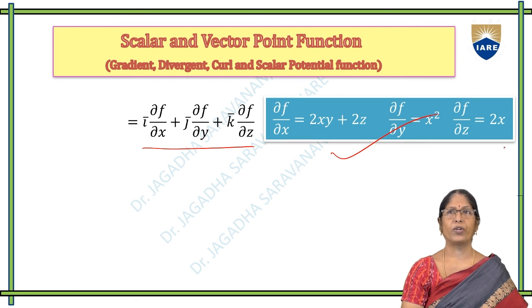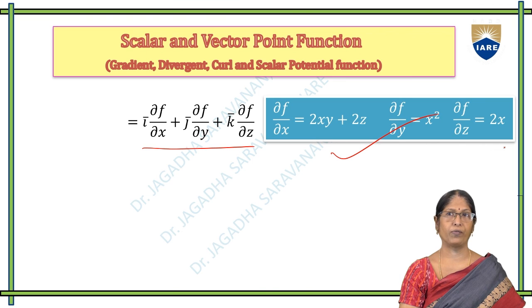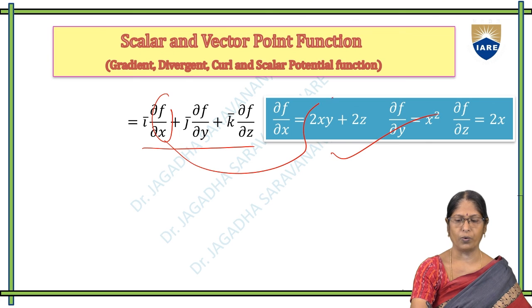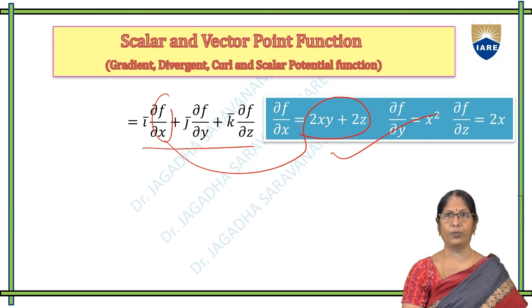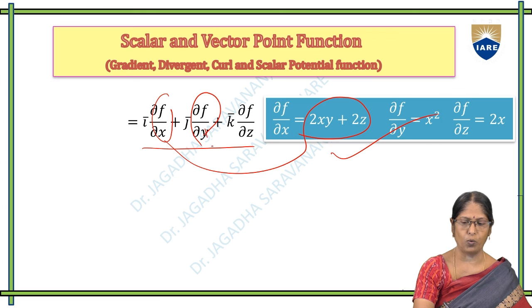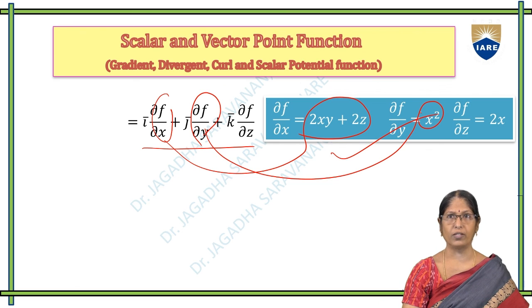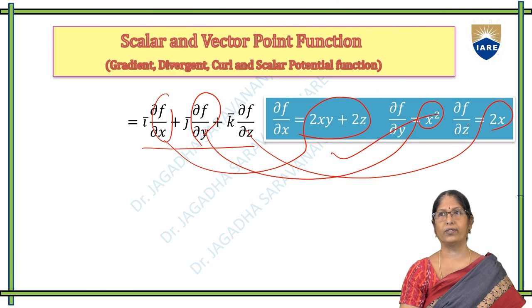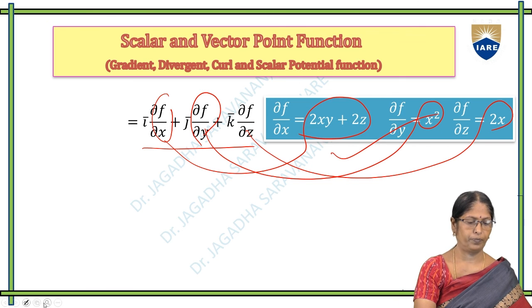We obtained these results in the previous slide, so we replace those values in the particular places: dou f by dou x by its value, dou f by dou y by its value, and finally dou f by dou z by 2x.